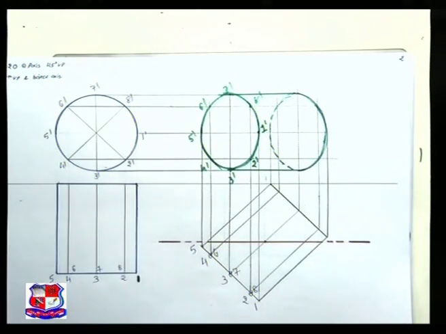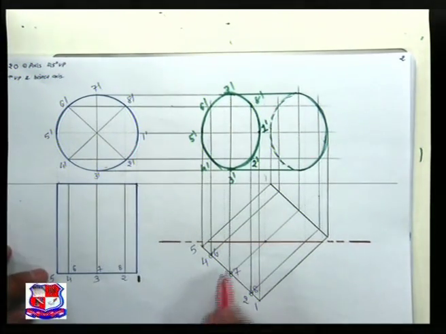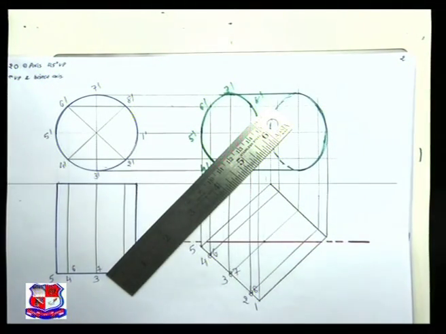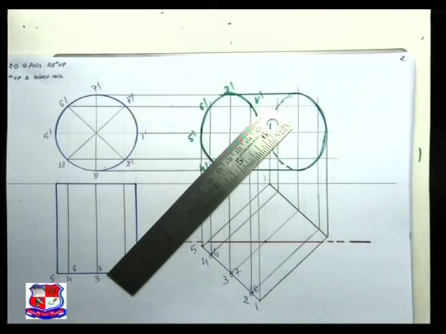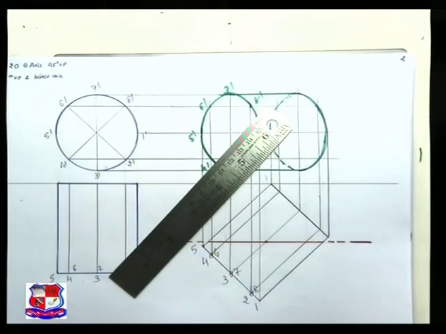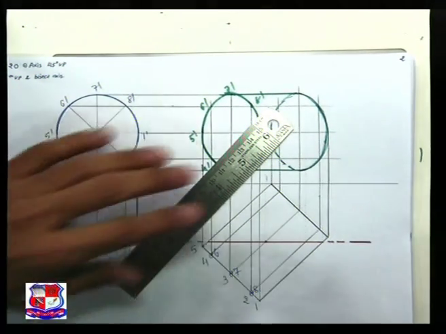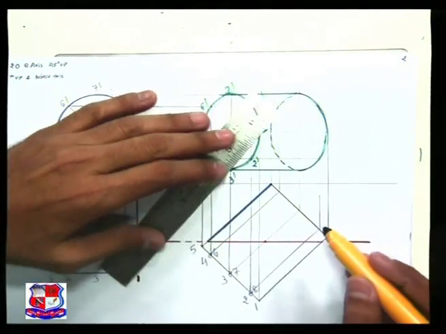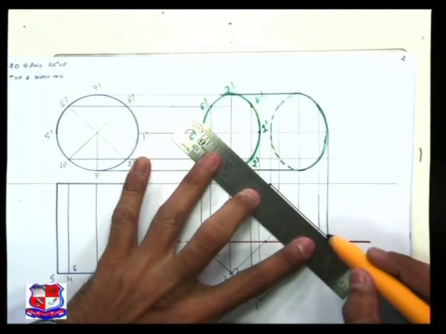This represents the cutting plane line, and as this portion is removed, this one would be retained with us. So make it darker so that we can represent that this portion is retained with us, this internal portion, and the rest is all cut portion.